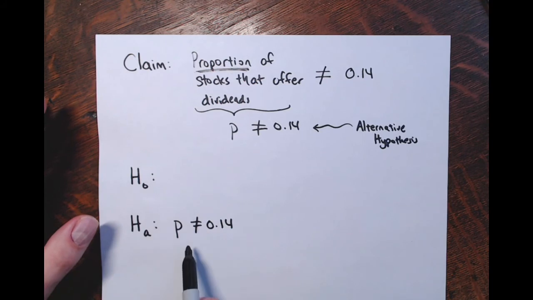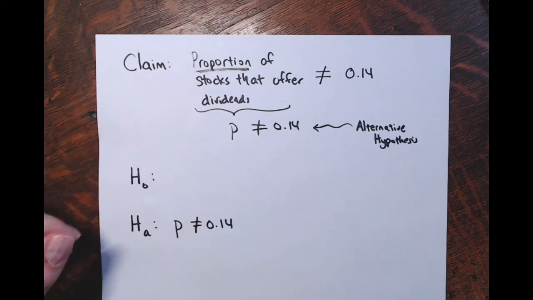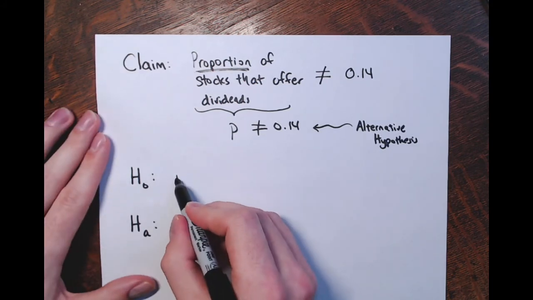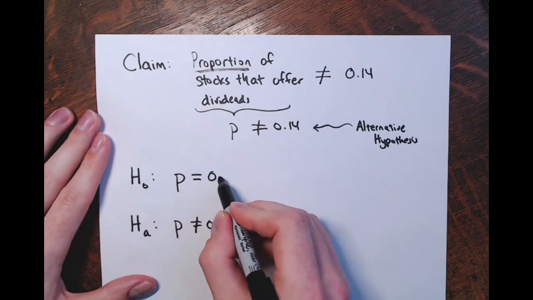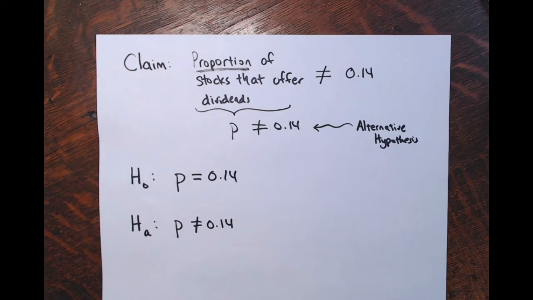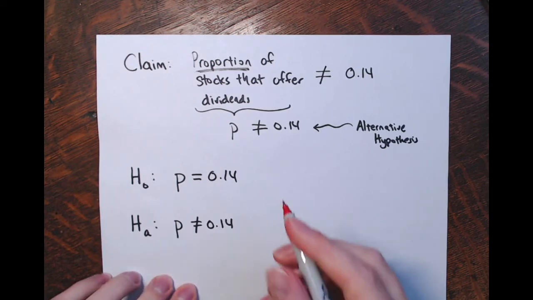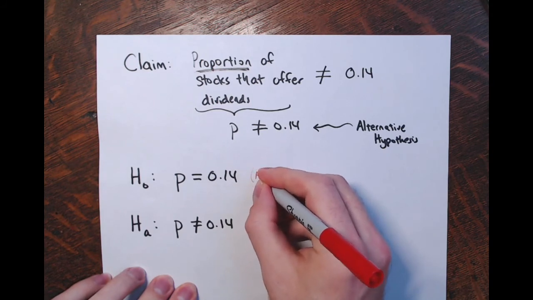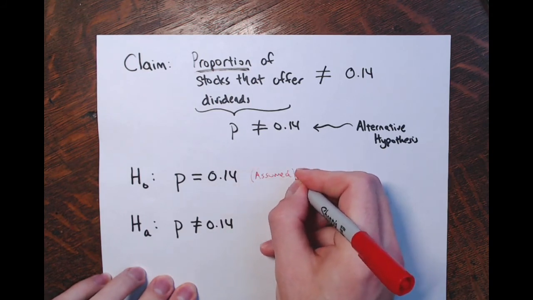Then the null hypothesis is the opposite of that. What's the opposite of is not equal to? It's is equal to. So the null hypothesis would be that the proportion of stocks that offer dividends is equal to 0.14.